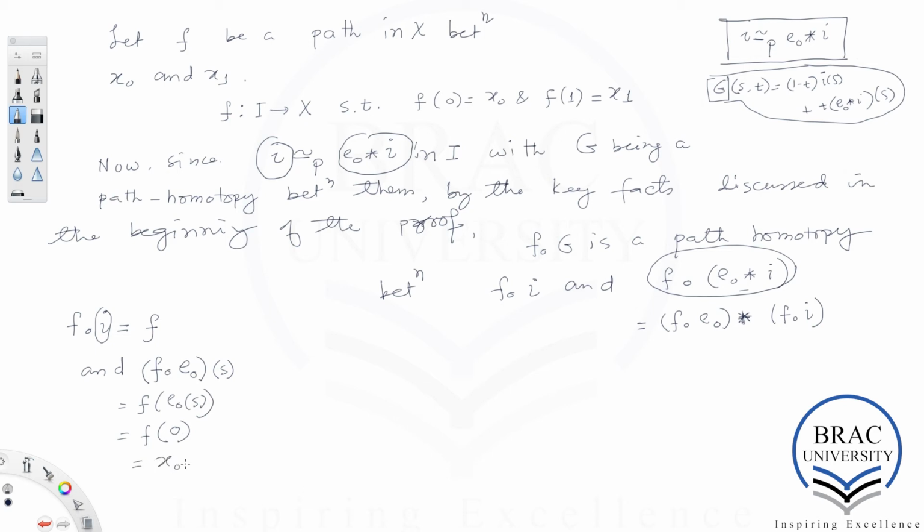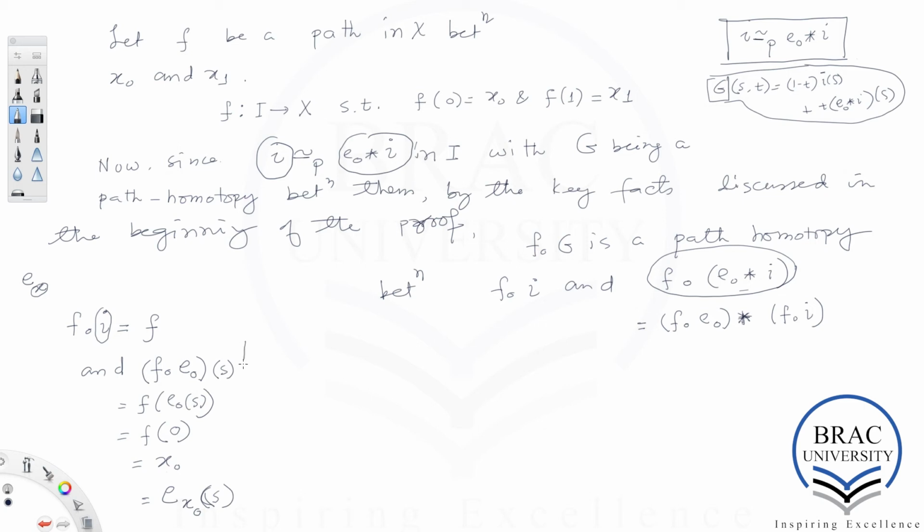f. Okay, and by the definition of this constant path mapping, which maps all of the interval I to the point x in the topological space X, this is nothing but e sub x0 at s, which means that it's going to map everything to the point x0 of the topological space.